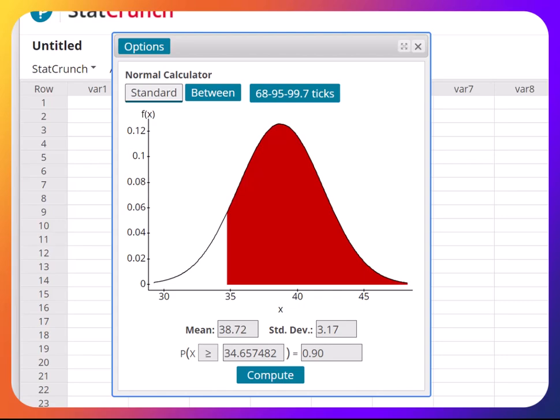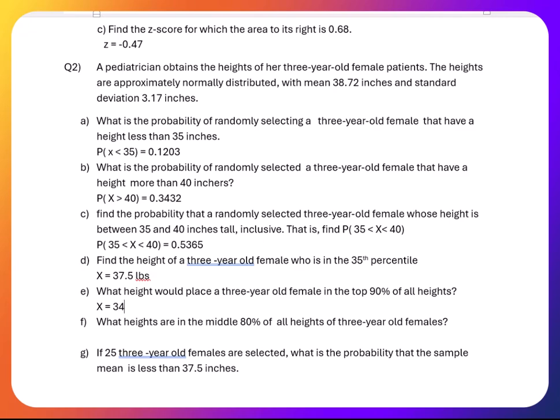Or 34.7. We can do that right here. Where did I put pounds here? It's inches, sorry. I thought for a second we're talking about the weights, not heights.